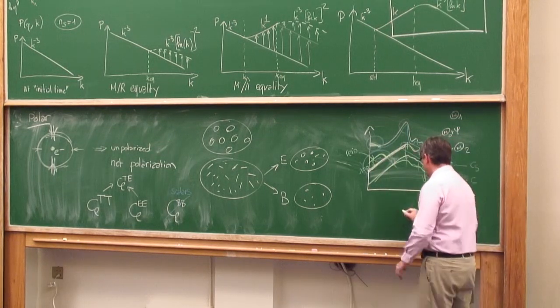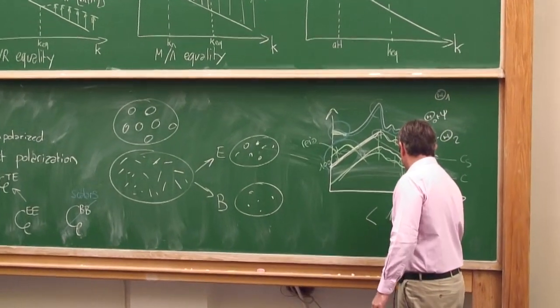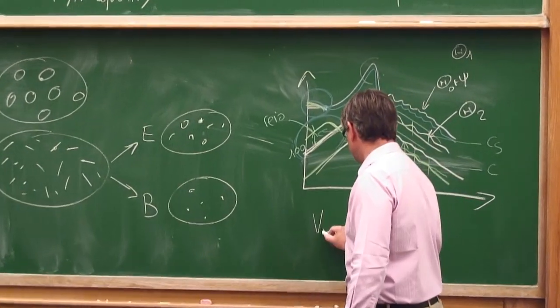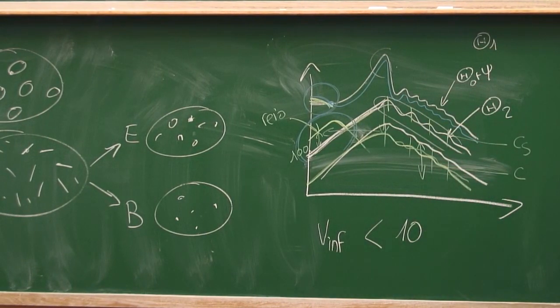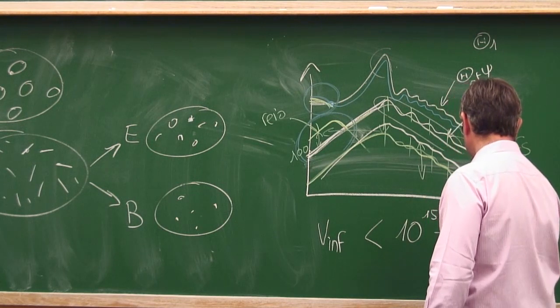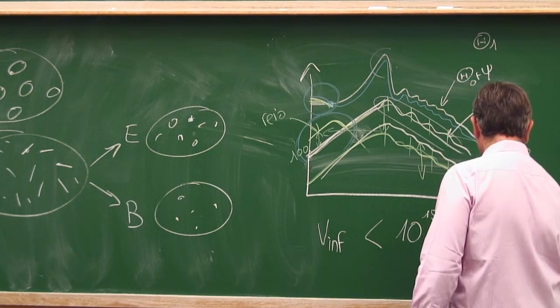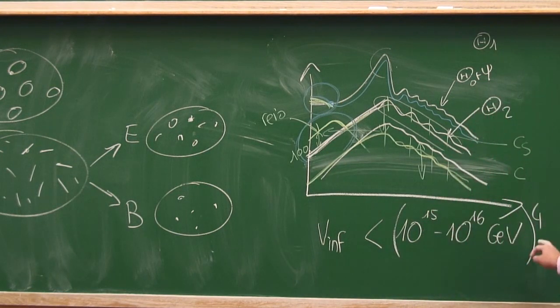And so we have an upper limit, but this will be discussed, I think, by Senatore, which is V of inflation at the time when scales cross the Hubble radius, smaller than something between 10 to the 15 and 10 to the 16 GeV to the fourth. The problem is that what we measure with the data is related to a power to the 4.